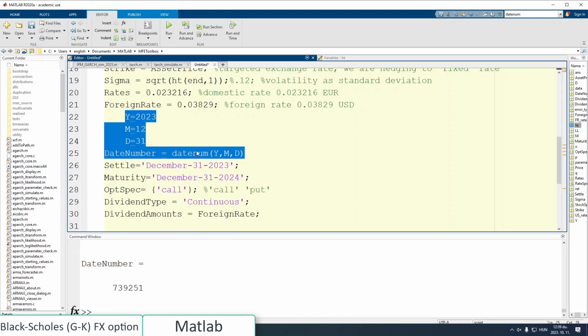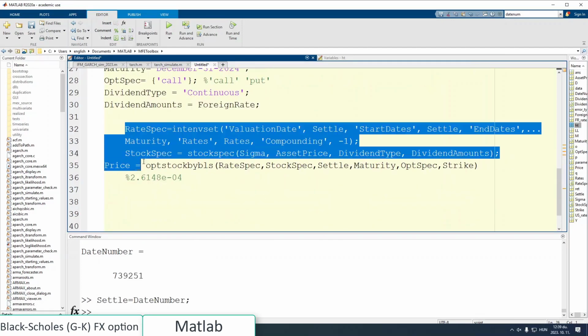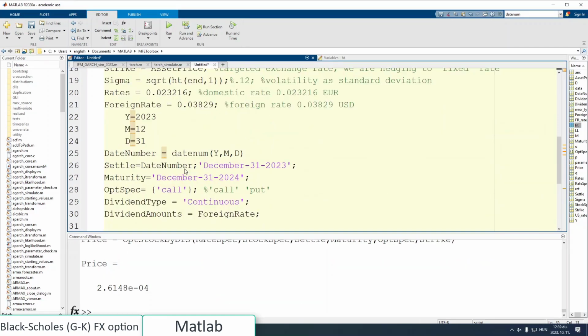Yes. And can we use this as the settle date? Because if we can use this as a settle date, then we can create some automatizations and we can see that the price is still good. So we can use this as settle.